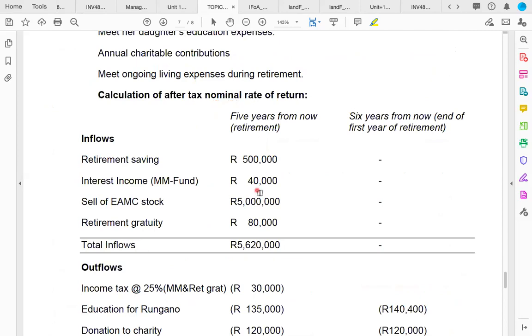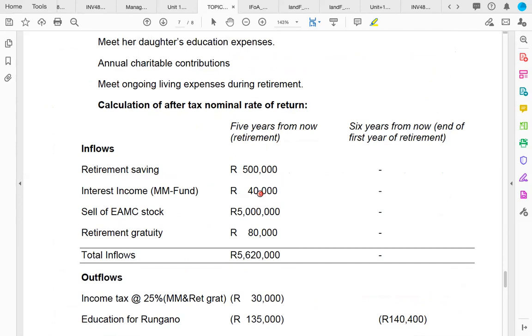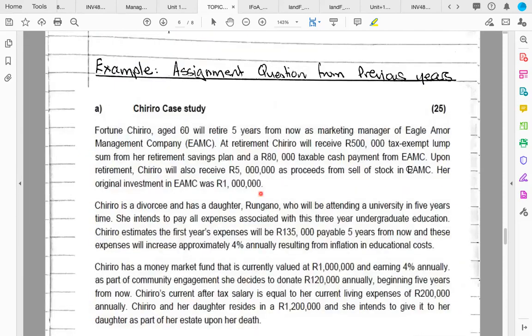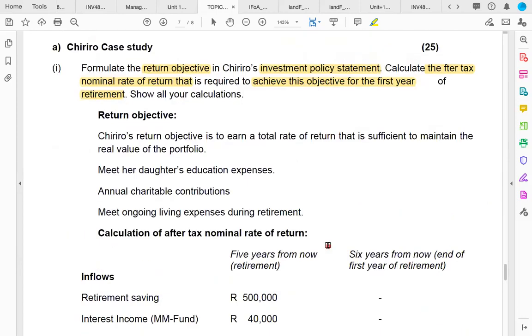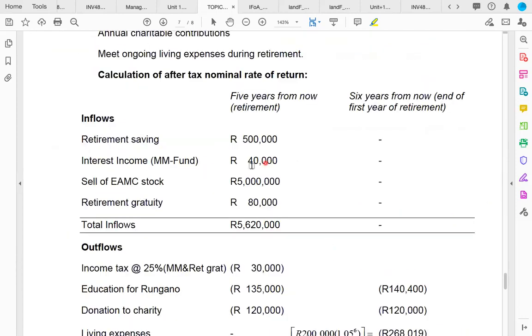She's also going to receive interest income from the fund. Remember we've been told that she's invested 1 million in a money market fund, which is earning 4% annually. So she's also going to receive this amount as part of the money market fund, which is 40,000.